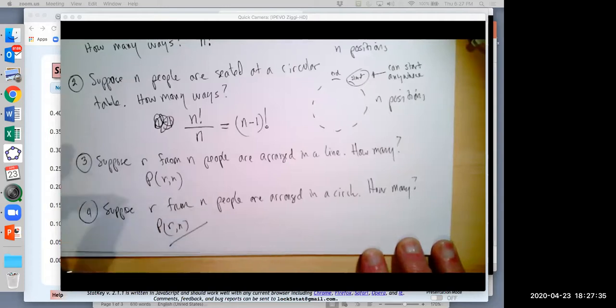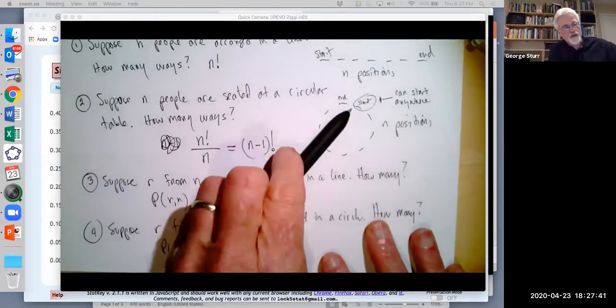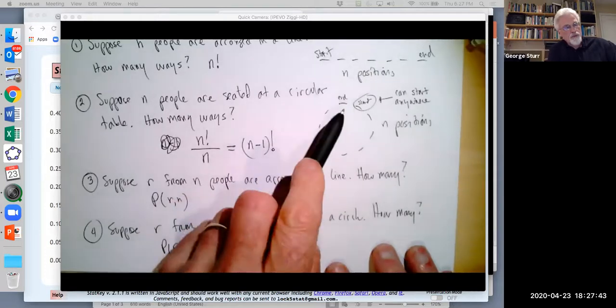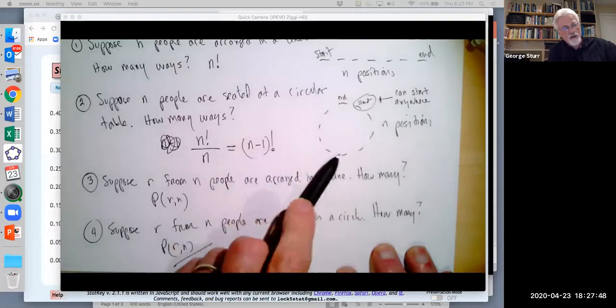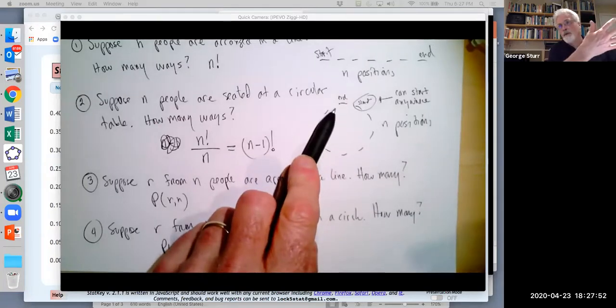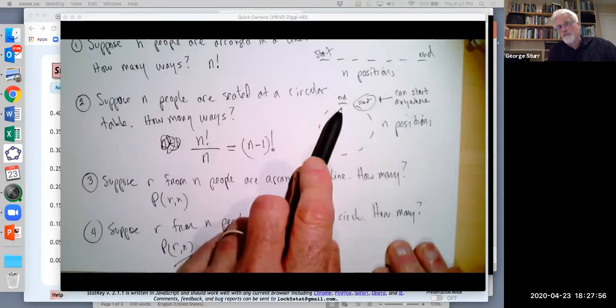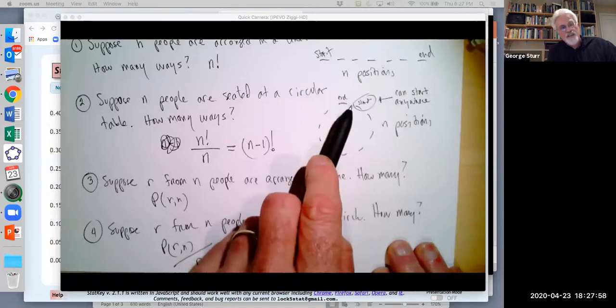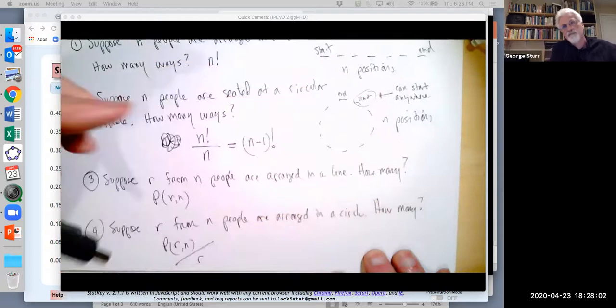Not n. r. Because think about this circle here. I don't know how many I put down here. 1, 2, 3, 4, 5, 6, 7, 8, 9, 10. There were 10 initial positions here. And imagine I'm taking it from 20 people. I'm just grabbing 10 and seating them at a 10-person table. Well, it'd be the 10 that I'd have to divide out for the rotation effect.